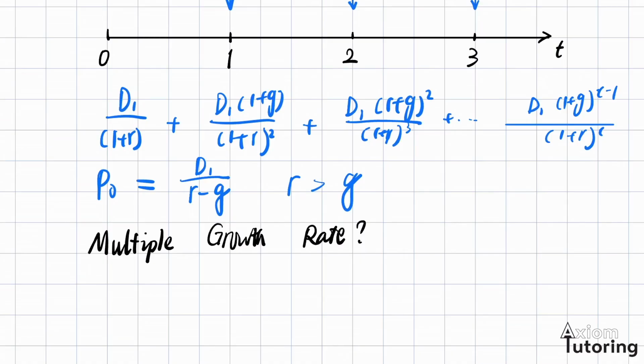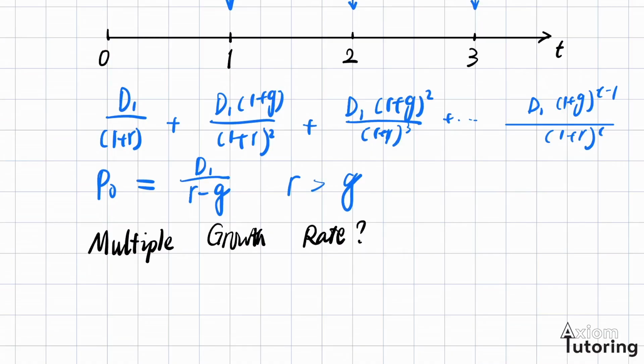For example, if it's a small company, just a startup, just heading out, it could experience a very high growth rate. And then after it has matured or has expanded, the growth rate would reduce. So you have different periods for multiple growth rates. What should we do if we encounter multiple growth rates? There are several things we can do.